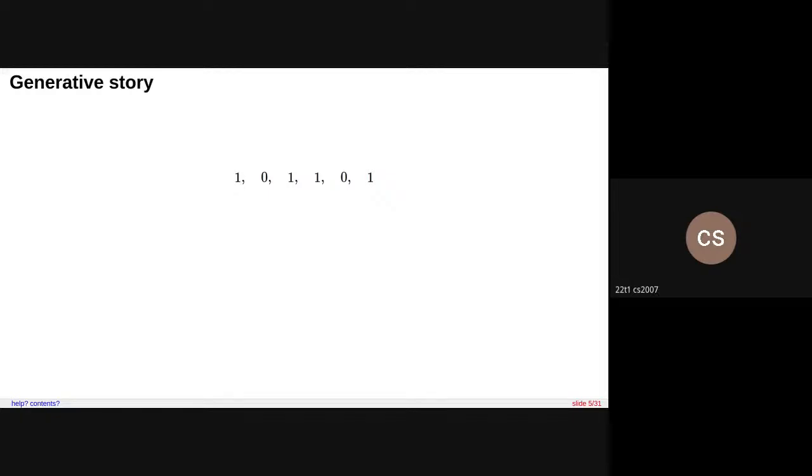Right. Okay, so moving forward, Professor Arun keeps talking about this generative story, right? You see a set of observations here, they're all ones and zeros, and the generative story that you try to come up with is that these observations could have been the outcomes of coin flips, heads or tails, heads is one, tails zero.